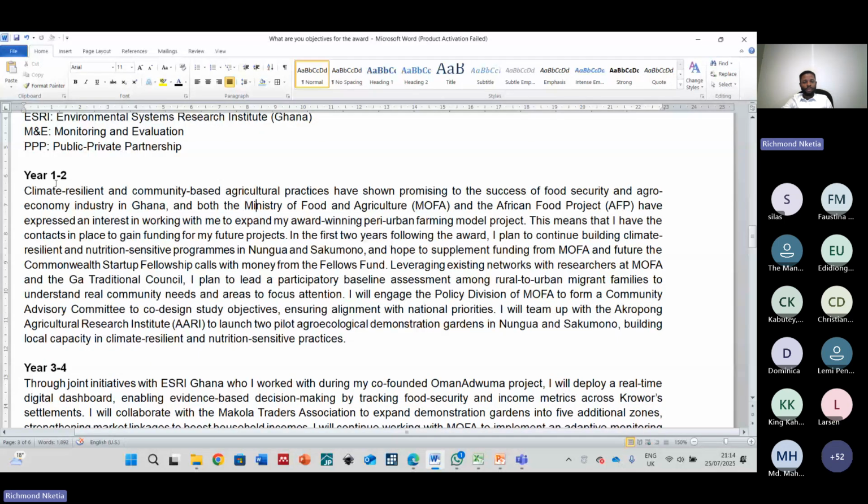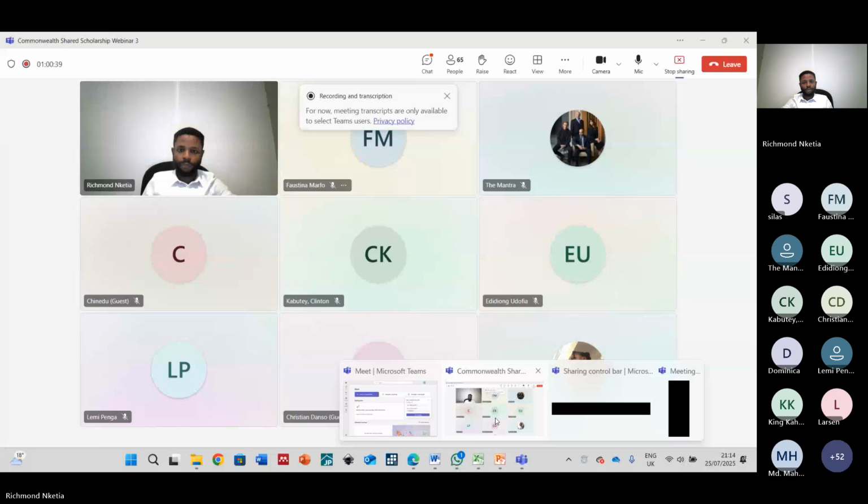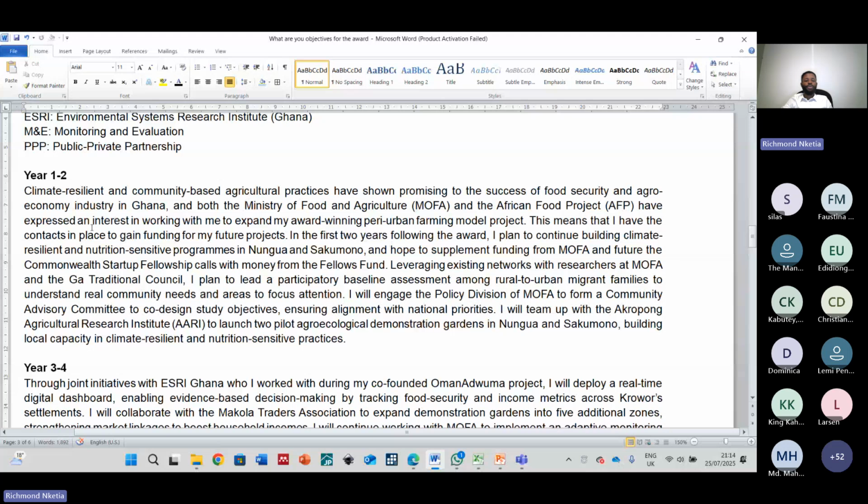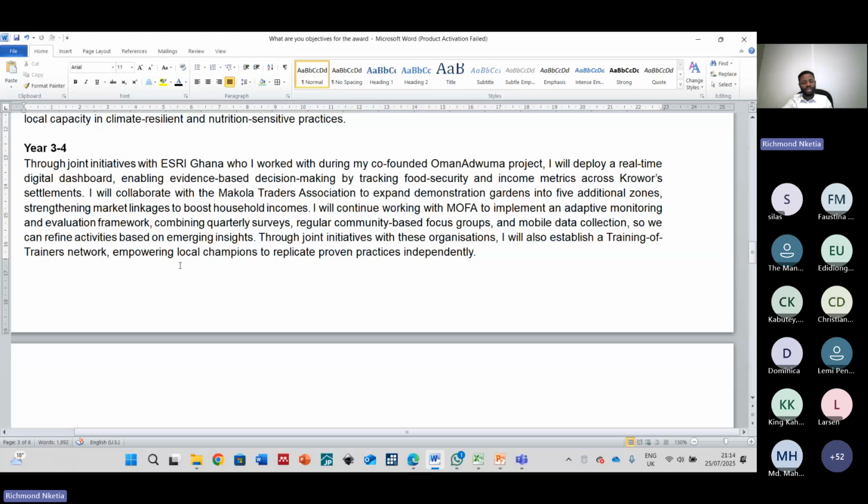So year 1 to 2, this is what I intend to do. And look carefully how I start. There's more than 300 words. I would have reduced it in a way.